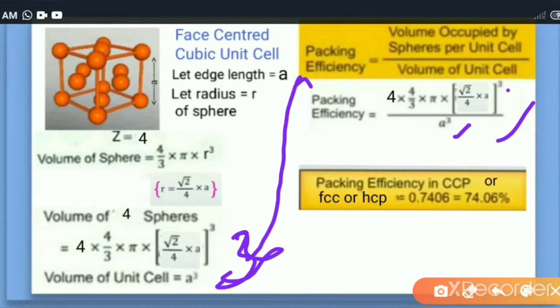When we solve this, after substituting the value of pi, we will be getting 0.7406. In terms of percentage, we can say 74.06%.